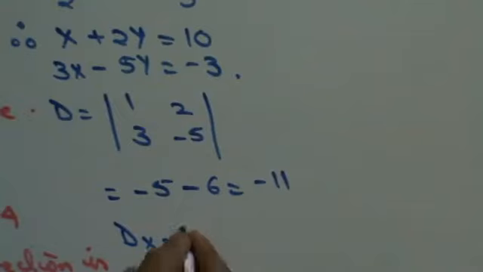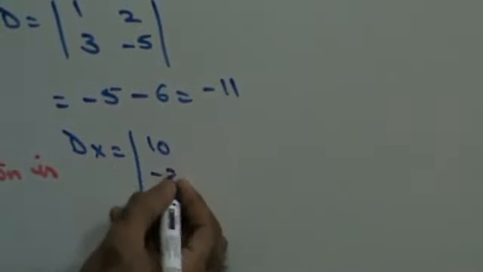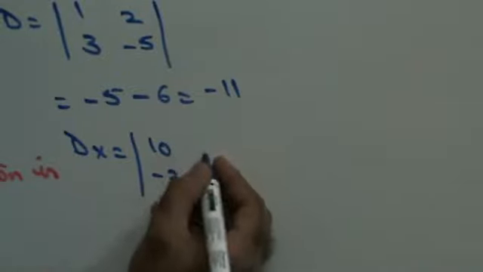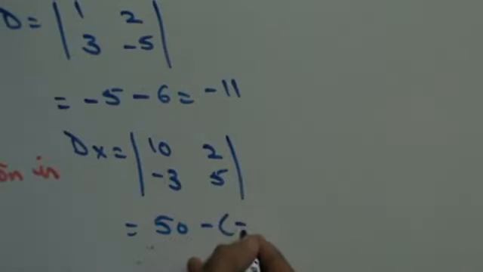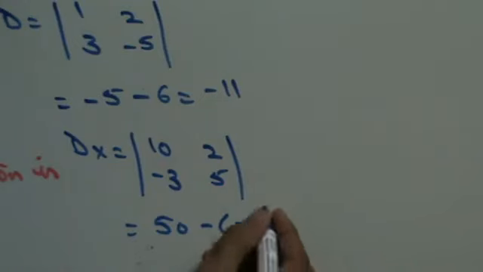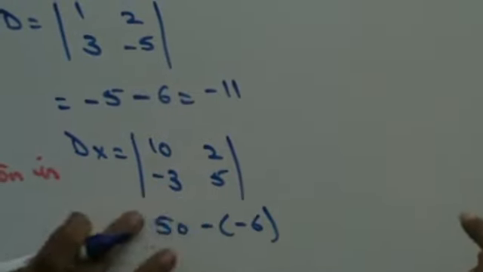Next, Dx. How do I find out Dx? Substitute the coefficients of x with the right hand side. So instead of 1 and 3 I will write 10 and minus 3, 2 and minus 5.